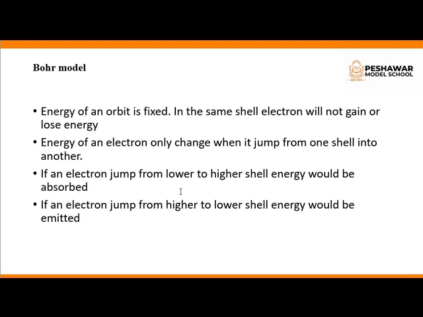Next, the energy of an electron only changes while it jumps from one shell to another. It means that when an electron jumps from a higher energy orbit to a lower energy orbit, it radiates energy, and when it jumps from a lower energy orbit to a higher energy orbit, it absorbs energy.